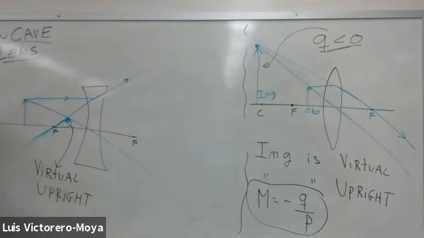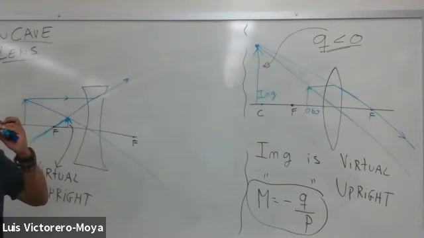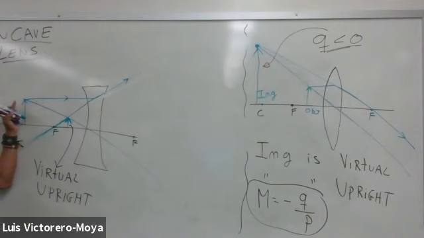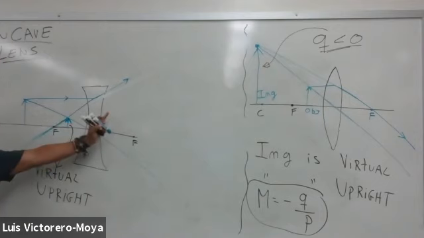So do we use these lenses? Yes. You will see tomorrow when we do the optical instruments that there are applications for this. For nearsighted people, you use lenses that, if the object is too far, create an image closer to your eye.